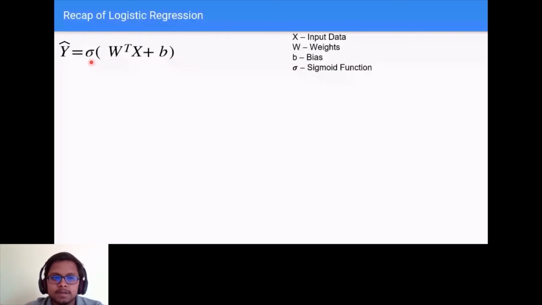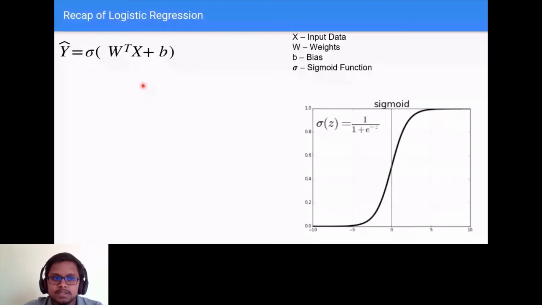What we are trying to calculate over here, this y hat, is the probability of a particular event happening. For example, I want to check whether a particular event will happen given the input data x that I am providing to it. So in this case, this would be how our logistic regression equation will look.